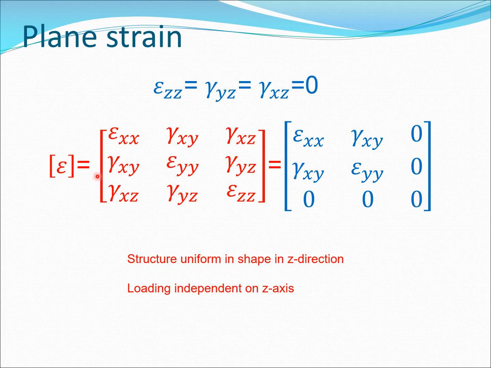So essentially the strain matrix now simply becomes a 2 by 2 matrix, and if you think in vectorial terms, you are going to have only three strains: epsilon xx, epsilon yy and gamma xy. So two normal strains and one shear strain, because of course this is a symmetric matrix.